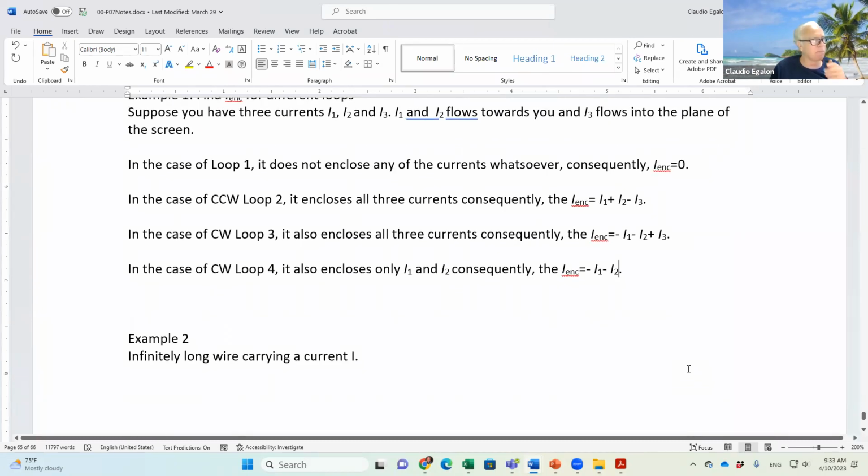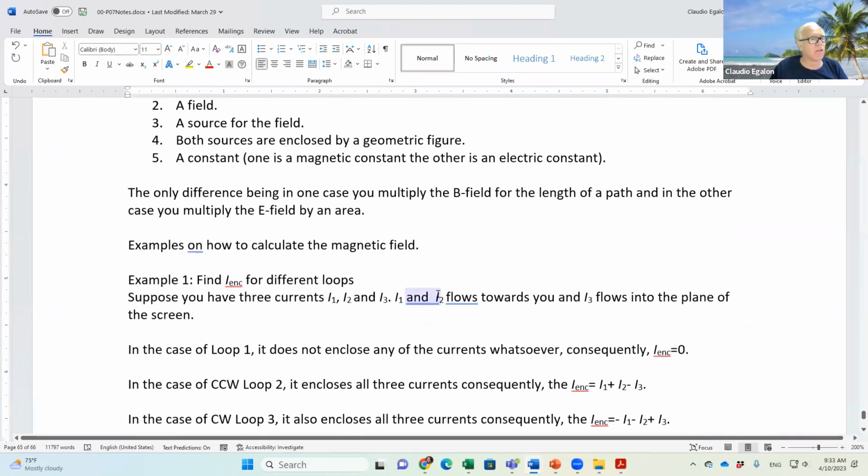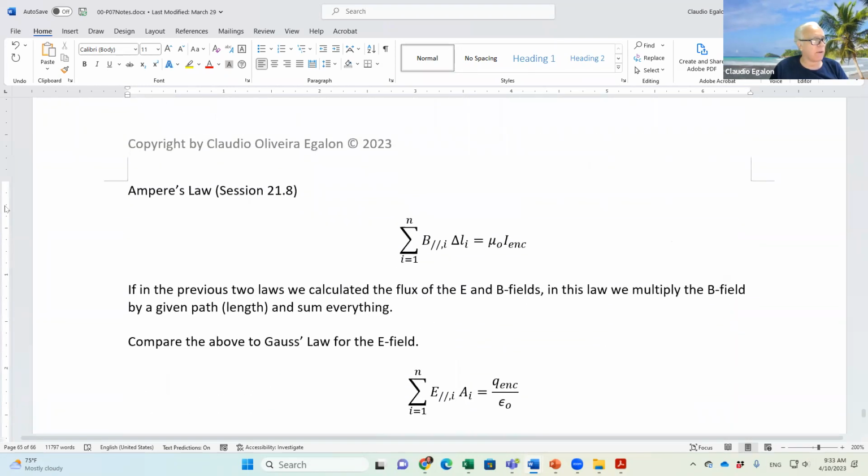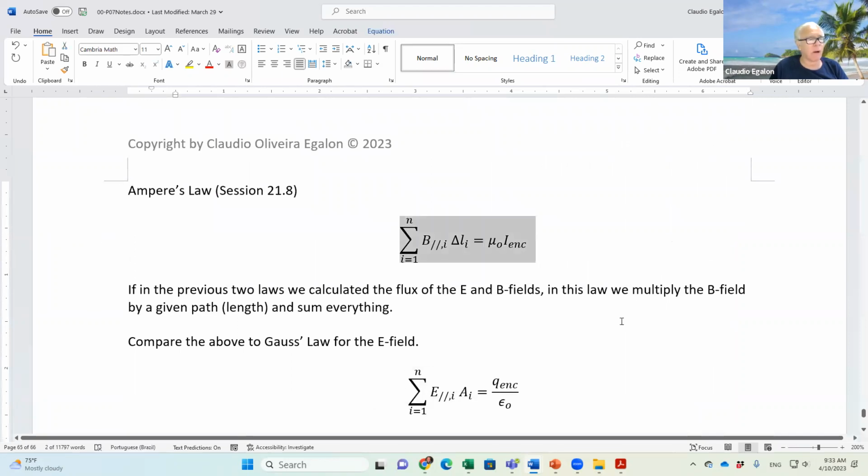So that's the first piece of information you have to know whenever you are dealing with Ampere's law. That's what I enclosed is all about.